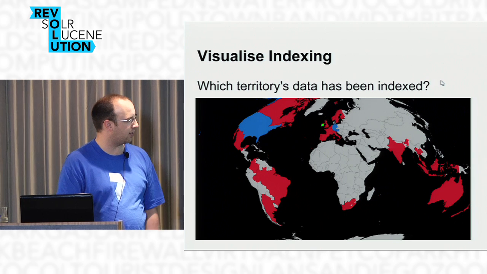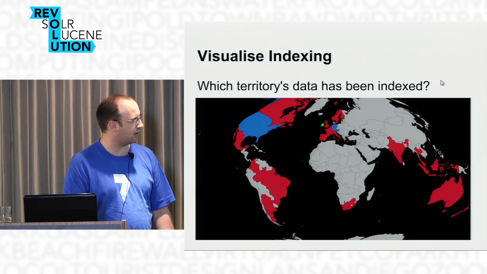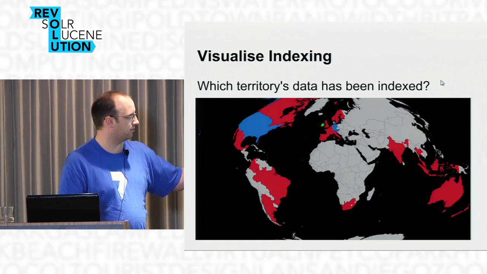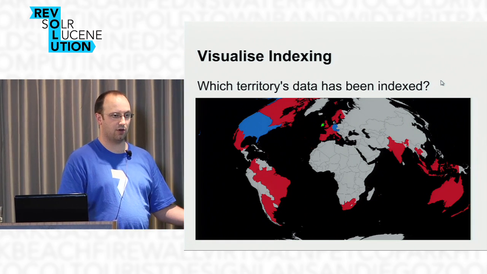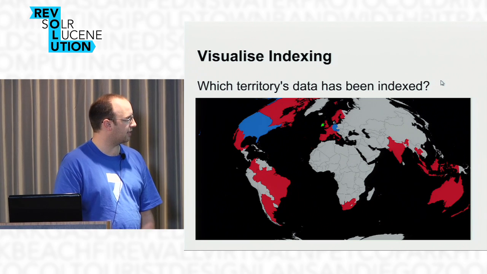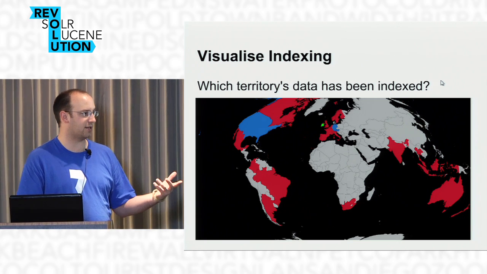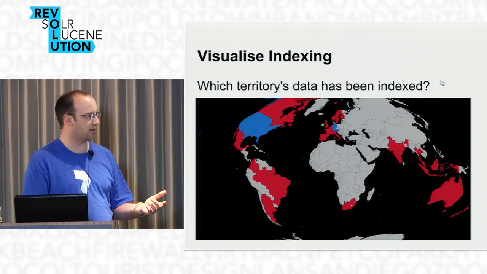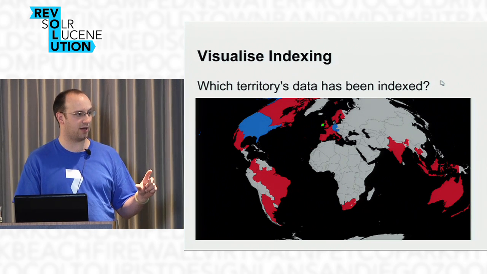The question was to talk a bit more about how we visualize our indexing. This is done with D3 JavaScript libraries. They give you nice maps that just hook in. You can assign certain IDs. On our indexer, we're a .NET shop, so it's a .NET indexer, and we have a ServiceStack API. You query the API, and it gives you a list of times that we last indexed the shop.